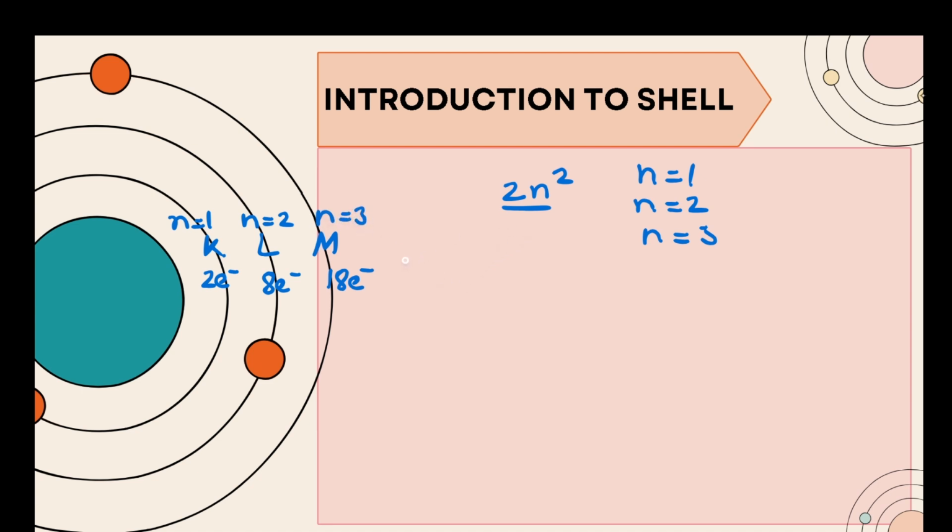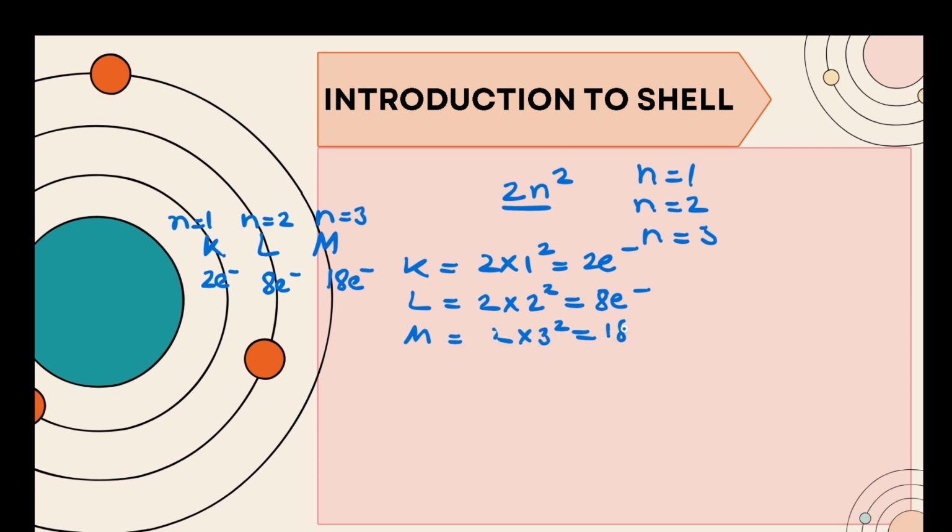If we apply the formula, the K shell gets 2 electrons, the L shell accommodates 8 electrons, and the M shell accommodates 18 electrons.